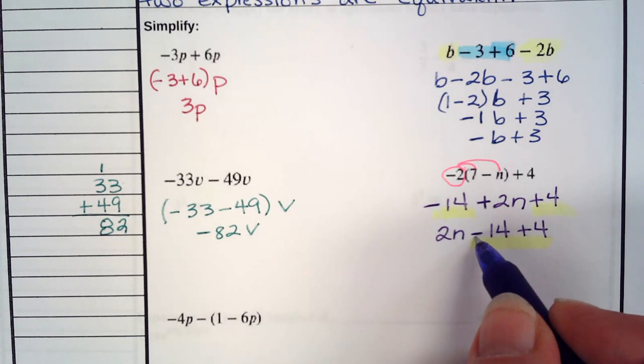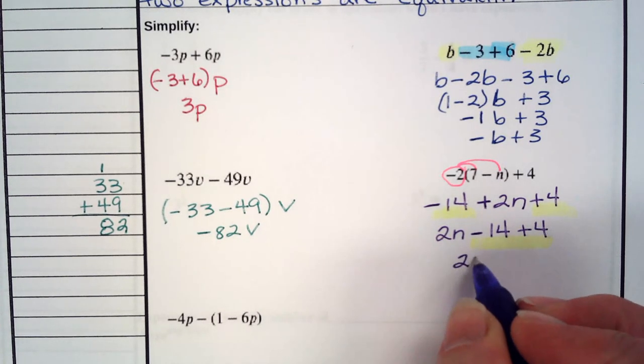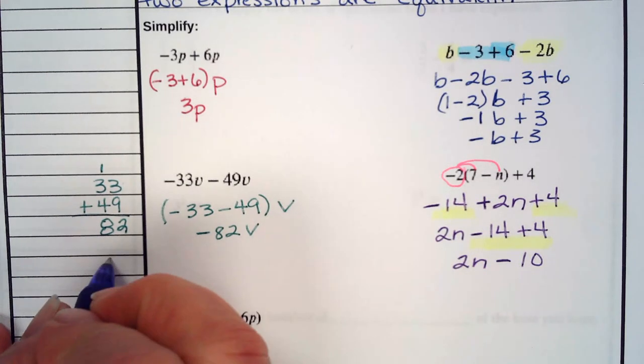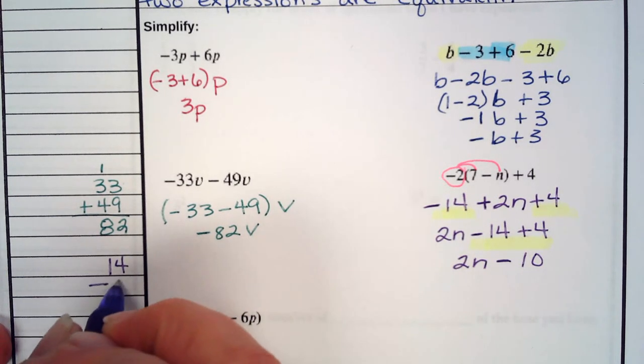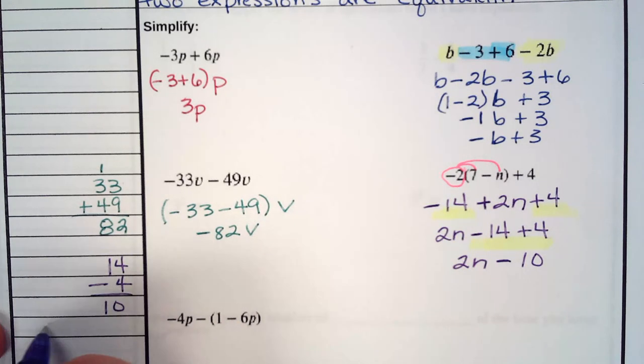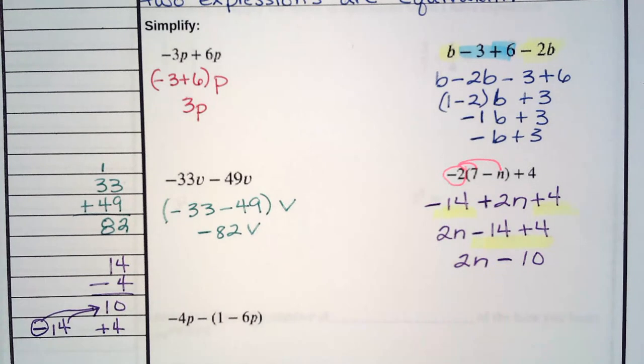Keep the symbol of the bigger one, so this is 2n minus 10. So remember that negative is going to be coming up here to the 10. That's where the negative 10 comes from.